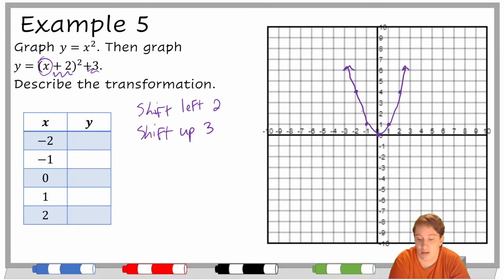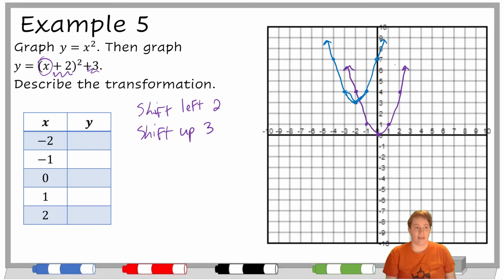So left 2, up 3, left 2, up 3, left 2, up 3, left 2, up 3, left 2, up 3. Again, I could have just shifted the vertex and then done the pattern from there. I don't know what my problem is with these second parabolas looking kind of funny. But that's the idea. We shifted left, we shifted up, and voila, we got it figured out.